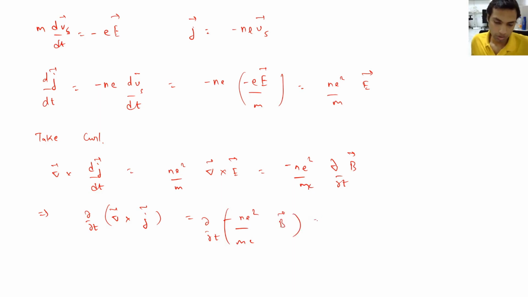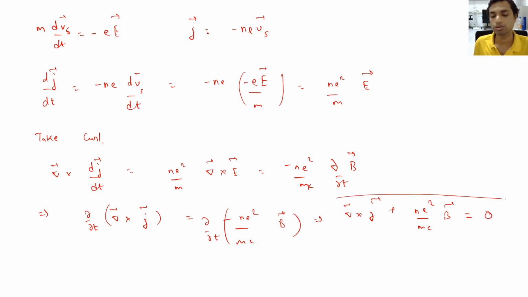So what we have now is curl of J plus n e square over m c into B. This is actually a constant, but we will choose that constant to be 0. So this is your London's equation, which is given in the question, and this has the dimension 1 over lambda square, where lambda has a dimension of length.